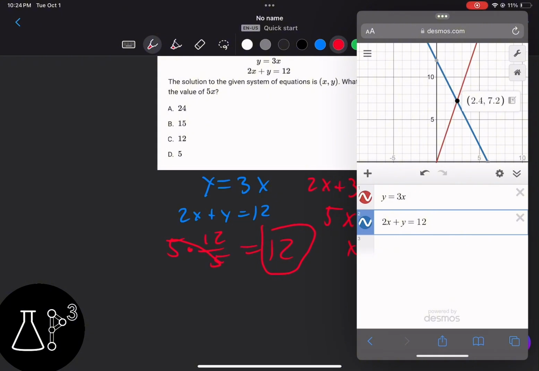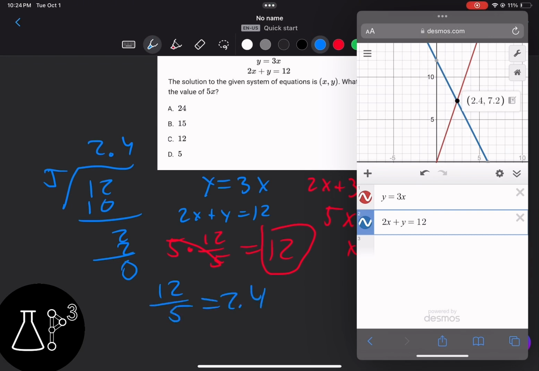And we see that 12 divided by 5 equals 2.4. If you multiply that by 5, because that is the x value, it just equals 12 again. And this is why we use Desmos, because we understand that 2.4 is the x value, and if we multiply that by 5, which is what they're asking for, it equals 12.